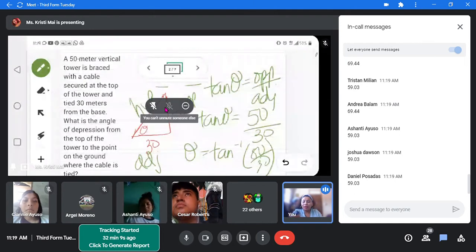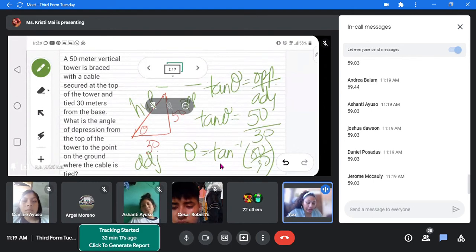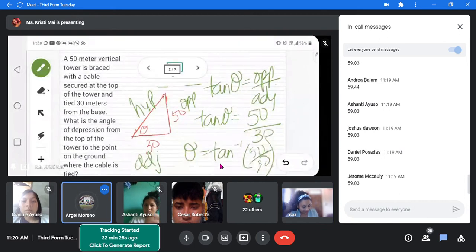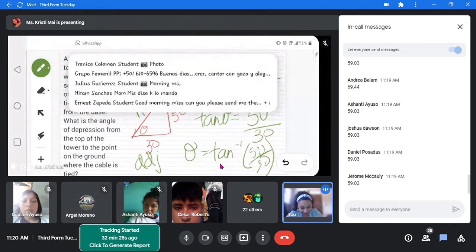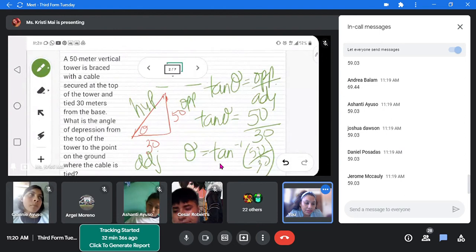You guys shouldn't be getting different answers. You should have put tangent of 50 over 30. Maybe it was my handwriting, but it should be 50 over 30.